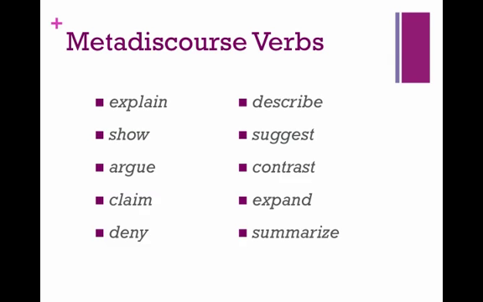Can you think of any additional examples of verbs that you think qualify as metadiscourse? What about illustrate? This passage illustrates the underlying Marxist theory in the novel. Sometimes we might infer something suggestive about a poem or a play or a short story.